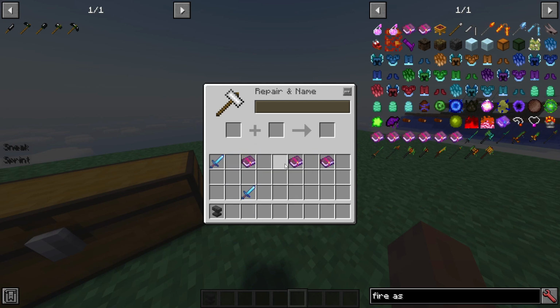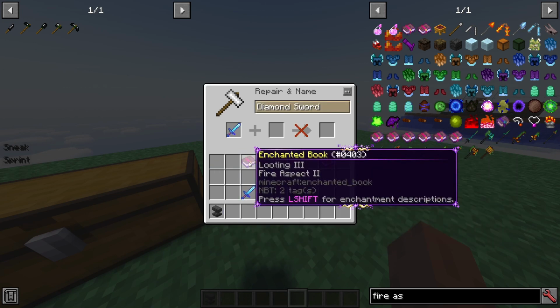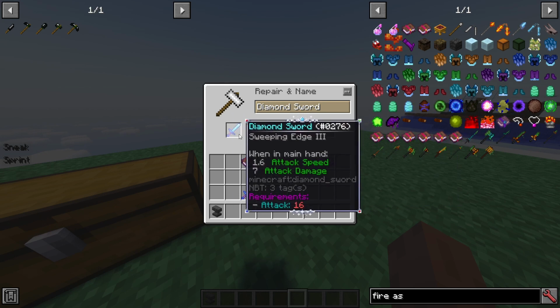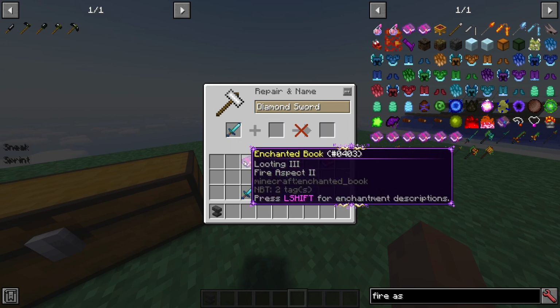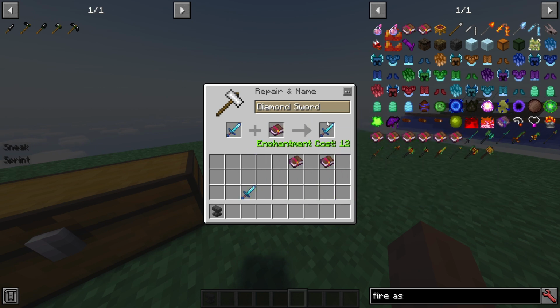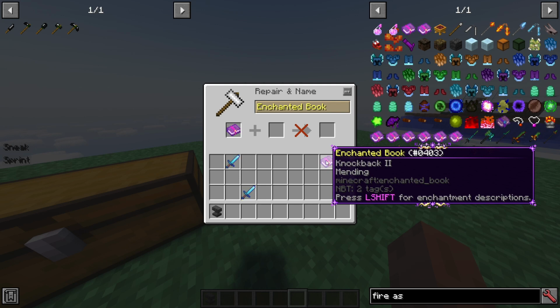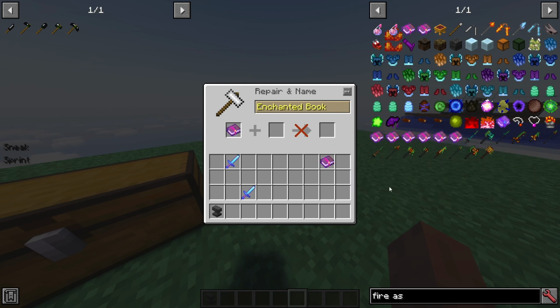Now, how much is this going to cost? We pay 6 levels for the Looting, 4 levels for the Fire Aspect is 10, and then we pay 1 level for the Anvil use cost of this, and 1 level of the Anvil use cost of this, so 12. How much is this going to cost? 2 levels for Knockback, 2 levels for Mending is 4, 2 levels for the 2 Anvil use counts, 6.